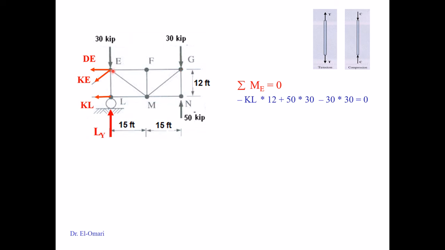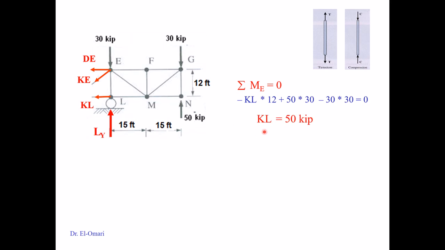Also notice when we drew the forces, you just give any assumption. I give the assumption that they are going out of the joint, which means that there should be tension. And then if you get a negative answer, it means that you have to change the direction. So now we have that. We solve it.